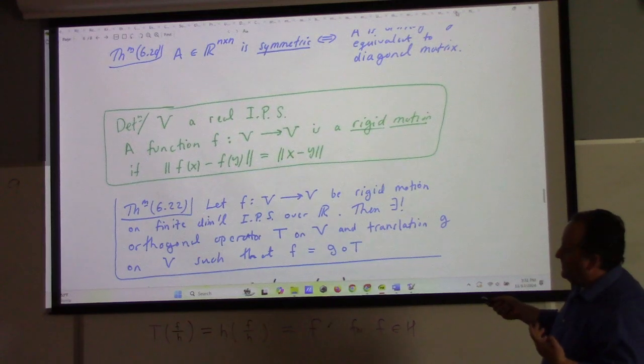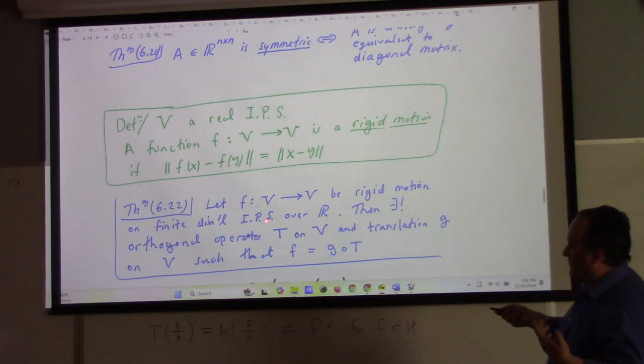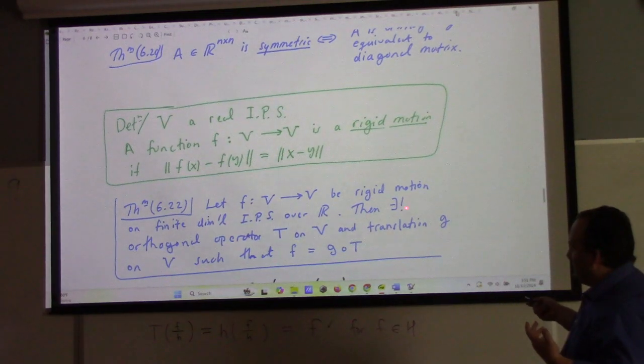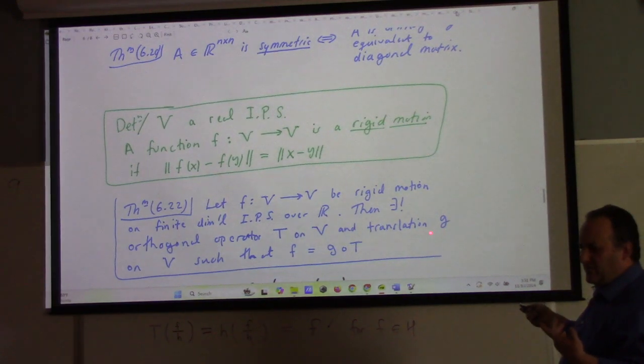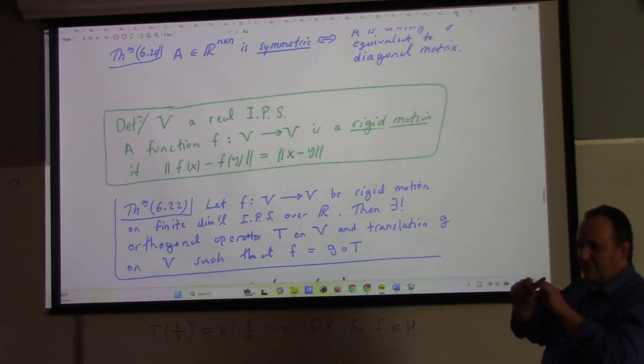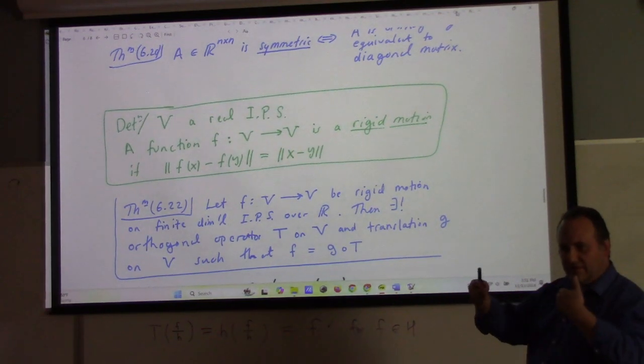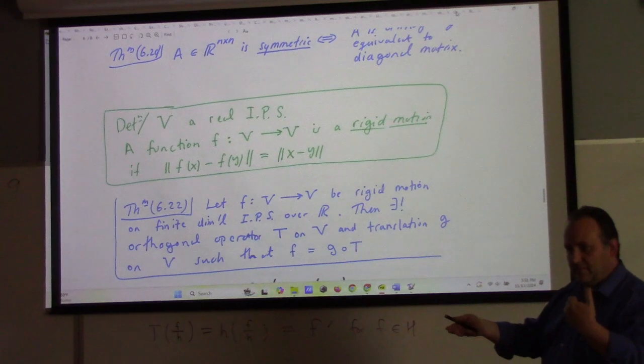So this theorem tells you that if you have a rigid motion on a finite dimensional inner product space over the reals, then there exists a unique orthogonal operator T, and a translation. I think we talked about that in here before at some point. We just take the input and add a vector. That's just a translation. It's not a linear transformation, right?